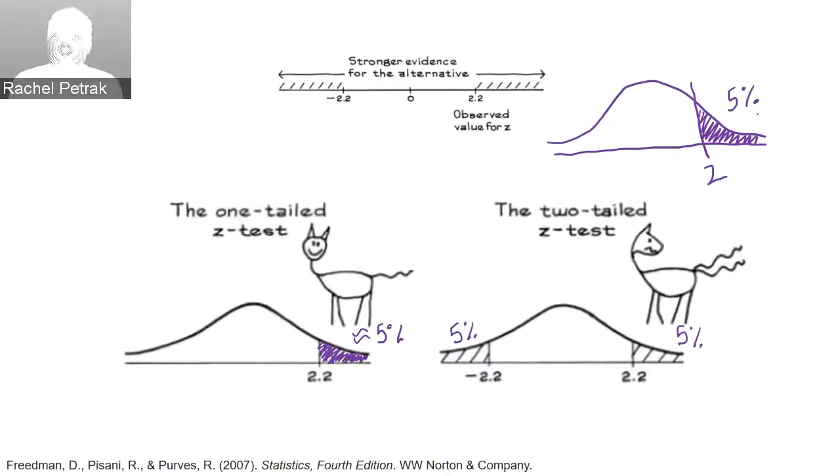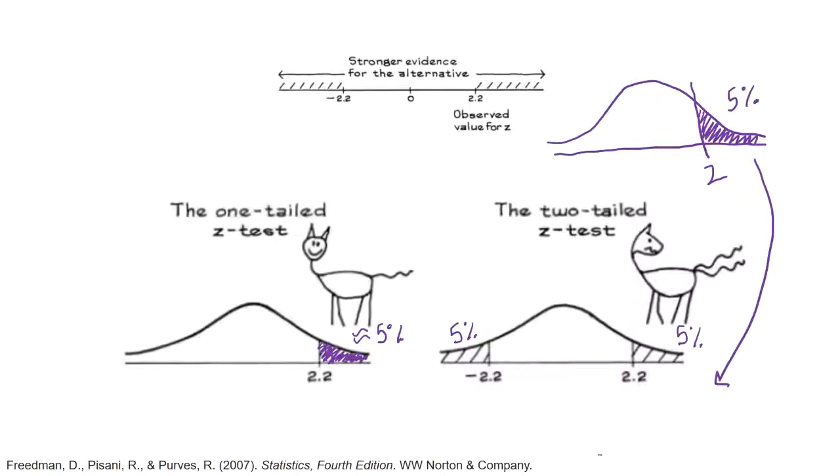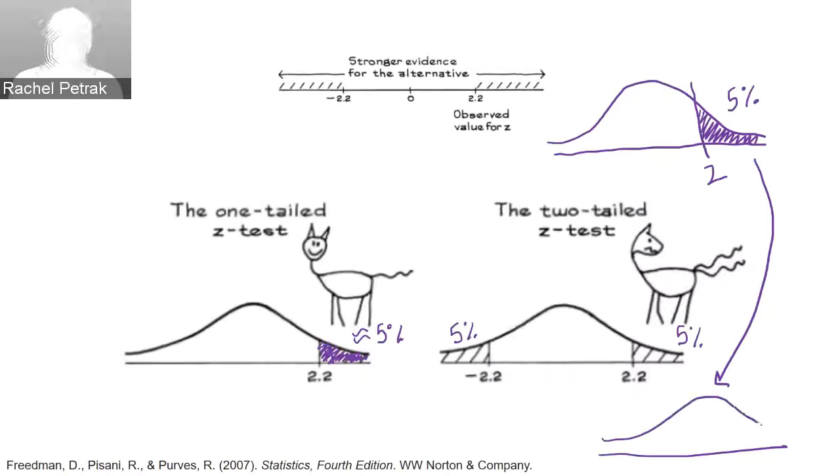Now, if we want to do a two-tailed test but keep a p-value of 5%, then we need to split this 5% in half. When we do that, we can put half on one side and half on the other side.